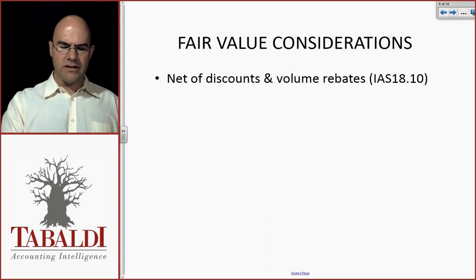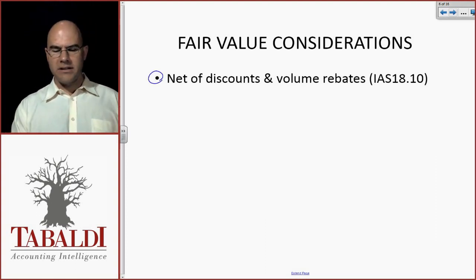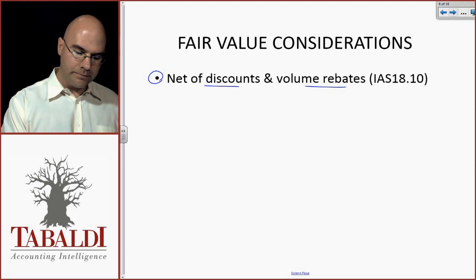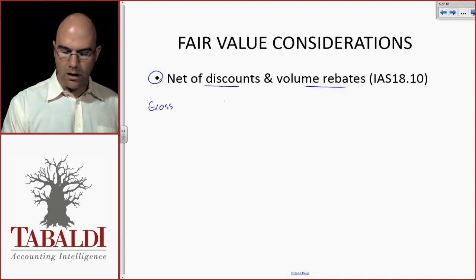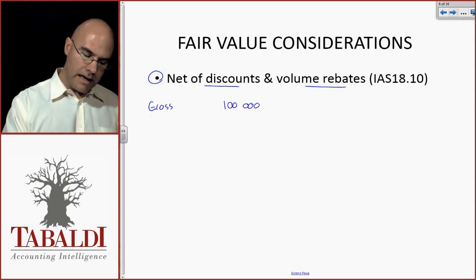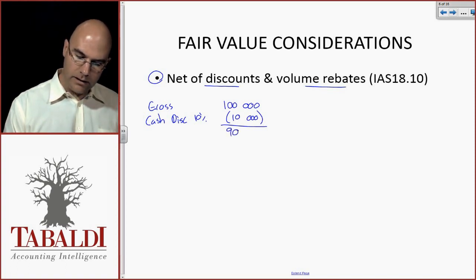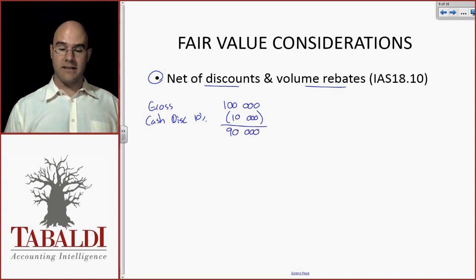So, fair value considerations. Let's just discuss the component saying revenue is recognized net of discounts and volume rebates. Let's say on our invoice you have a gross selling price of 100,000 currency units, whether it be rand, dollars, whatever. And then you have a cash discount of 10%, so 10,000, meaning that you were receiving 90,000 units.